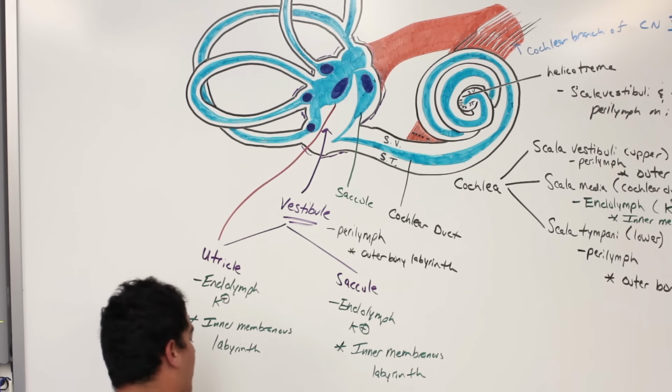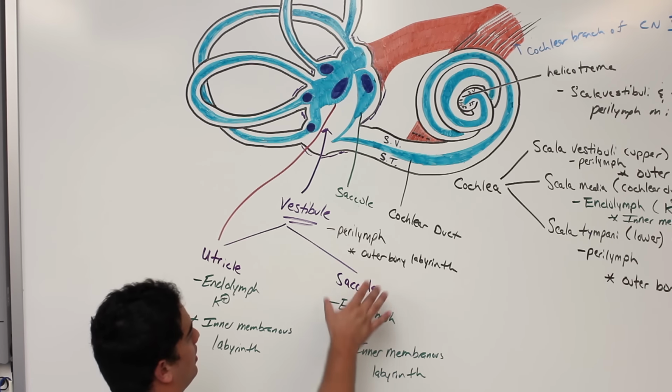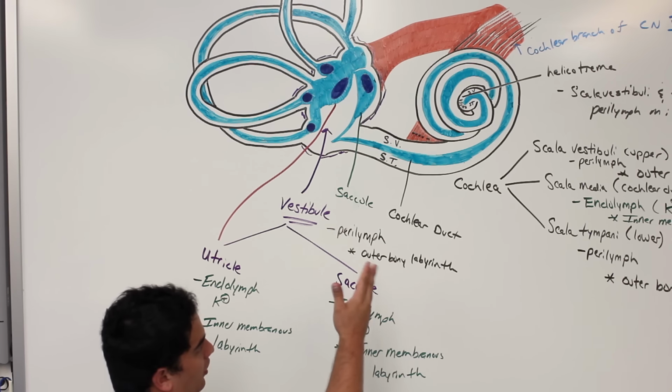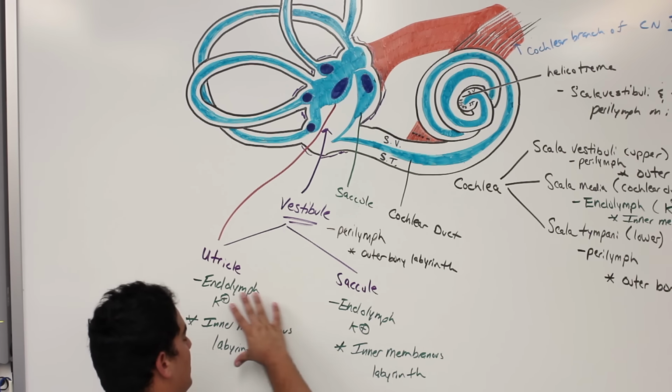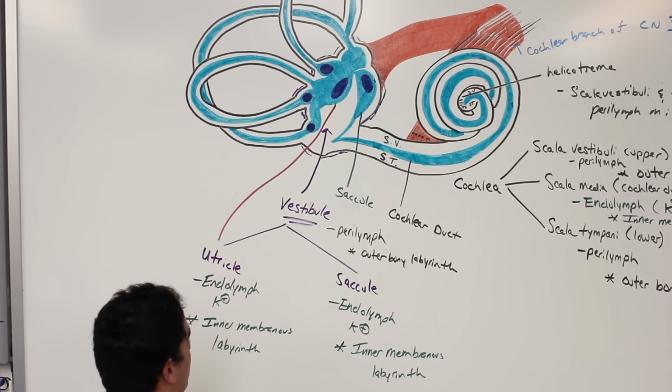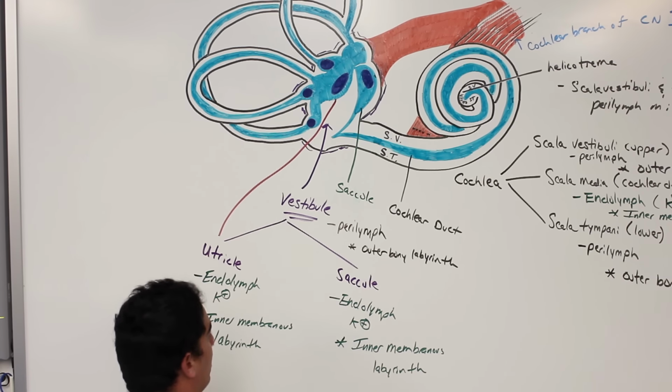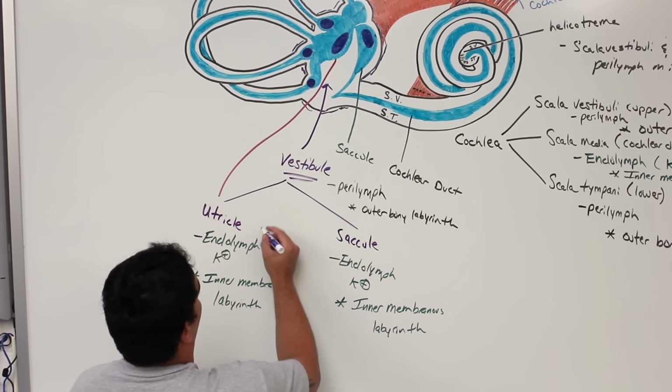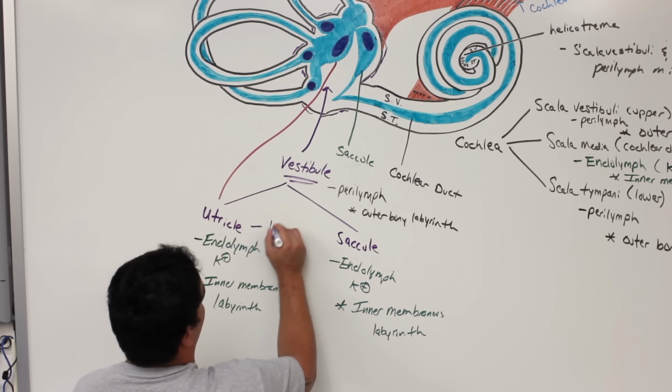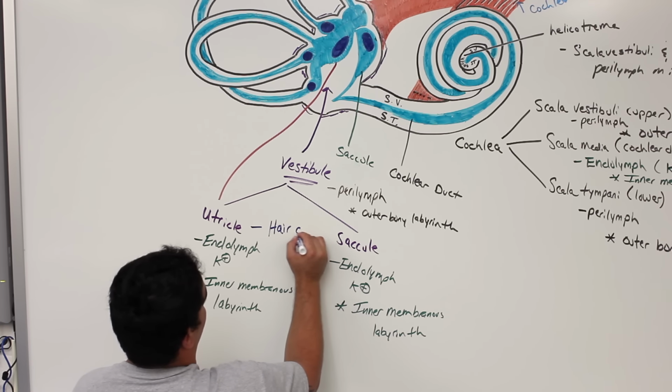Now, why am I mentioning all this? The reason is that the saccule and the utricle, just like the cochlear duct, have this endolymph, which is important because these structures, which we'll talk about in way more detail when we get there, consist of things called hair cells.